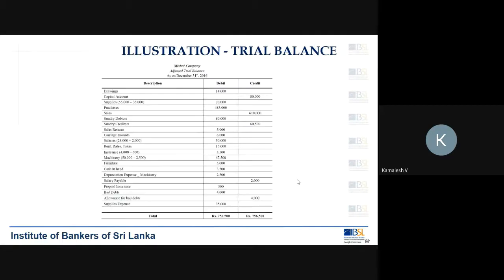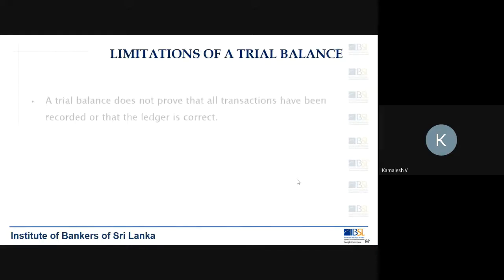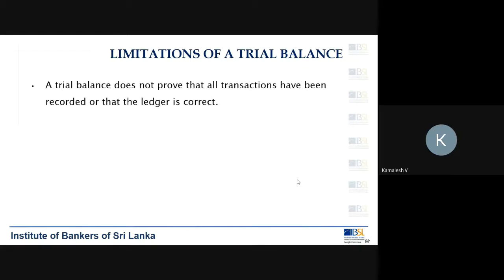After preparing a trial balance, whether there are any issues. The trial balance will ensure the mathematical equality, but is that all it does? Could there be any issues? That is what we are trying to understand. Limitation of a trial balance.